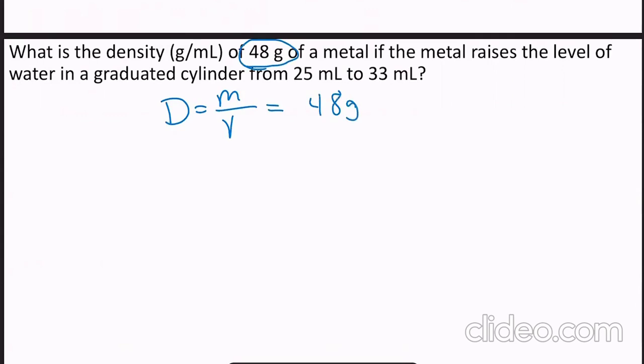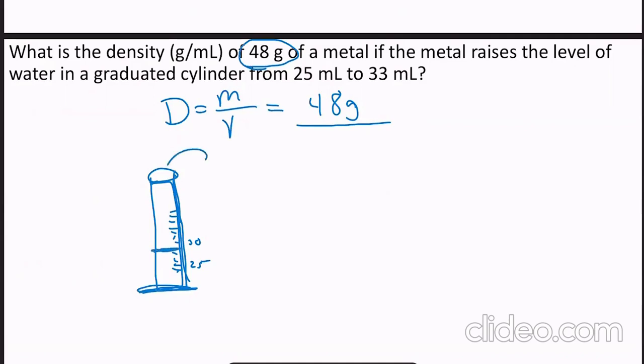And as far as the volume, the volume isn't explicitly given here. So I'm going to make a very crude drawing of a graduated cylinder. We put water in this. There's tick marks on the side of it, with some values. This will be 30, this will be 25 or something, I don't know. But what happens if this is my water level, if I put this piece of metal into this graduated cylinder, as soon as I do that, this water level goes up and I'm going to have a new water level.